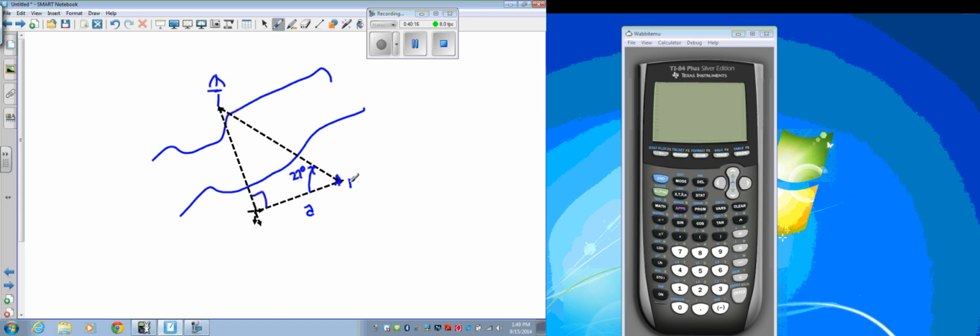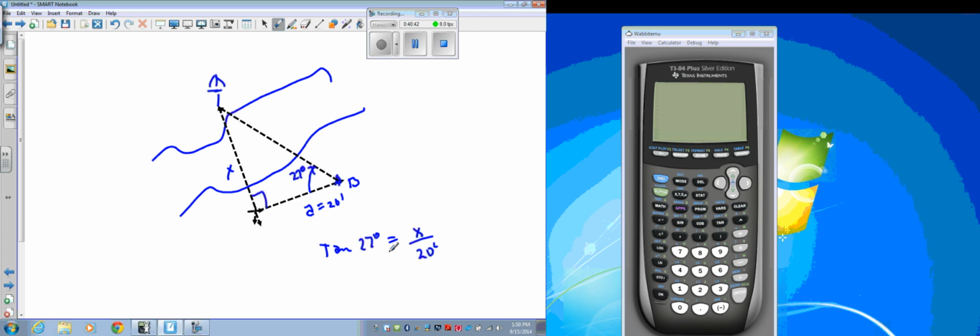You would know this angle, so you'd go tangent is equal to my unknown. It's actually tangent of 27 is equal to my unknown. And then let's just say you had measured this as 20 feet, over 20.